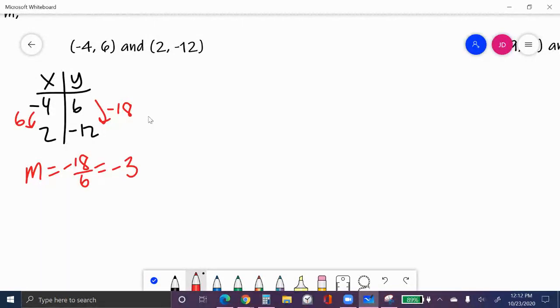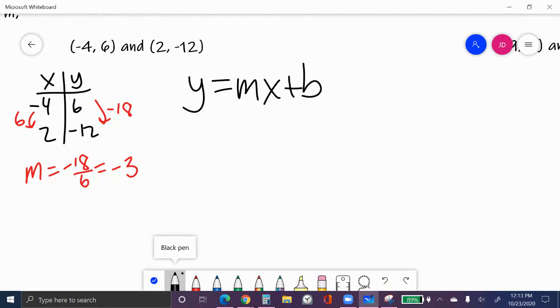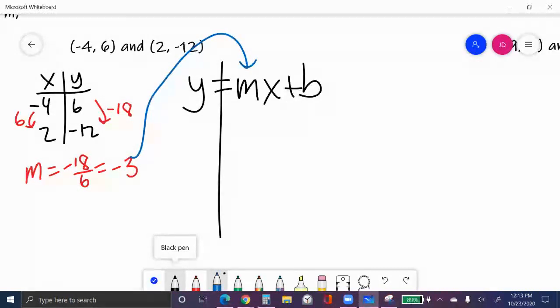Now, this one doesn't give us our y-intercept. There is no 0 in the x value here. So just like we did in previous lessons, we have to plug them back into our y equals mx plus b equation to find our b. So we take our m, plug it in. I'm just going to take the top point here.